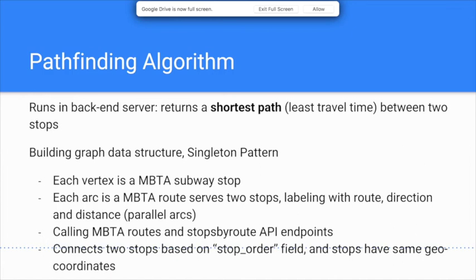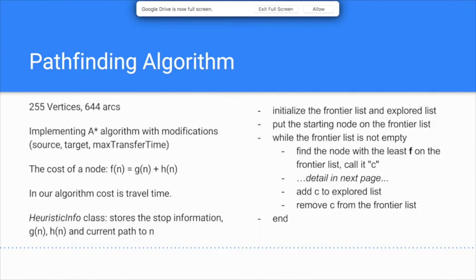We call the MBTA routes and stop by route, and we connect the two stops based on a stop order field, and stops that have the same geological coordinates. So there are a total of 255 vertices and 644 arcs.